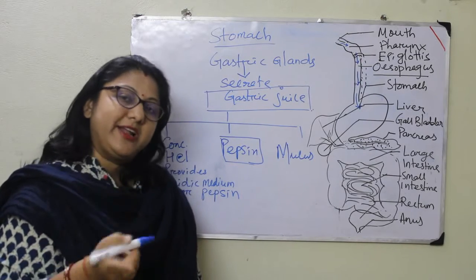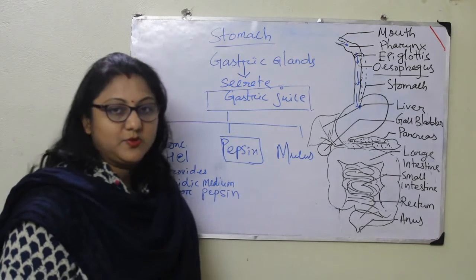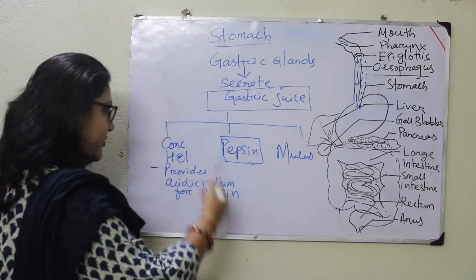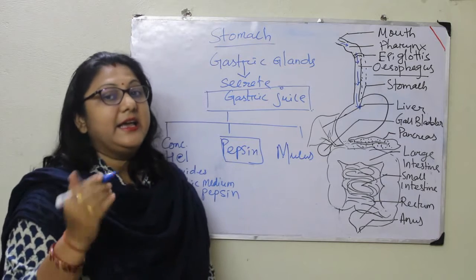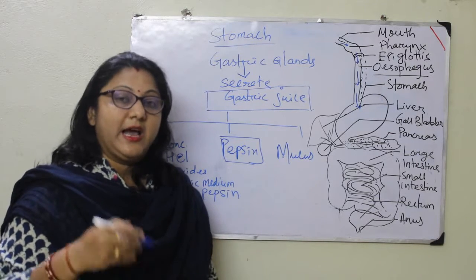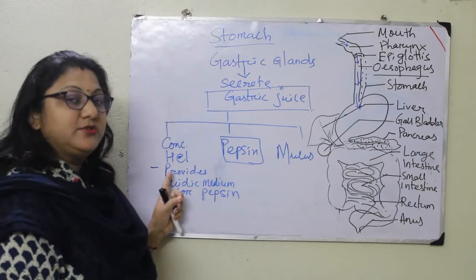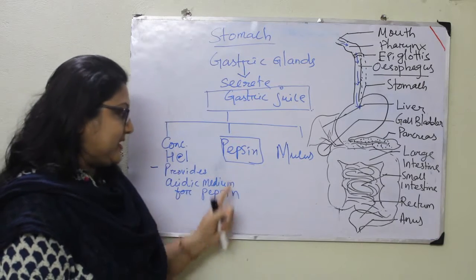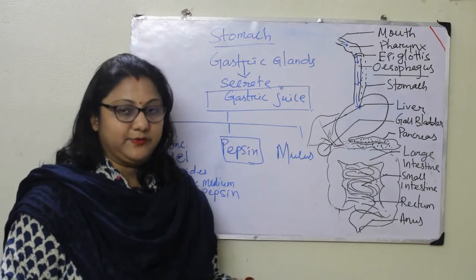Clear? So the protein digesting enzyme is also secreted in the gastric juice from the gastric glands, right? And the protein digesting enzyme is secreted actually in an inactive form, and it gets activated with the presence of concentrated hydrochloric acid. Clear? So the pepsin is actually produced from the gland in an inactive form.